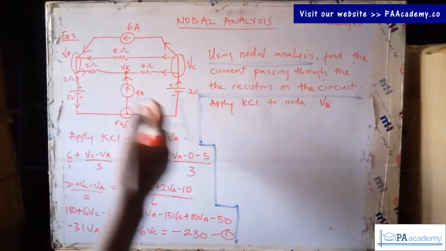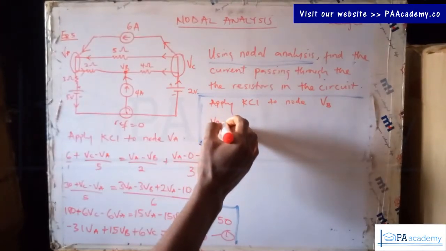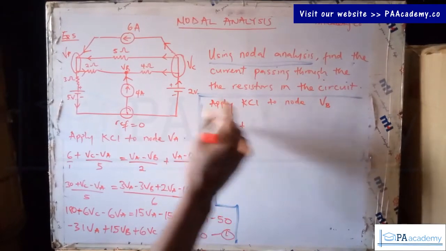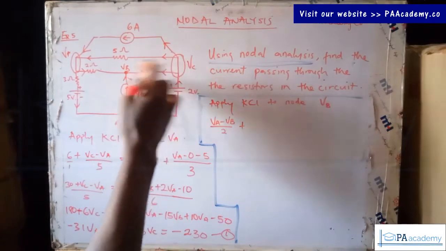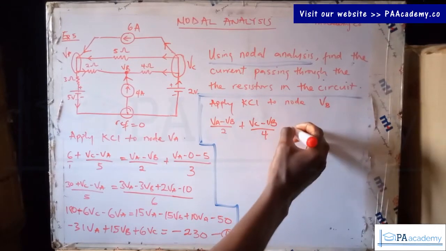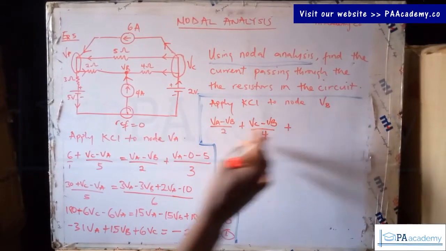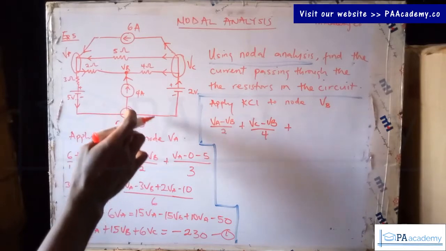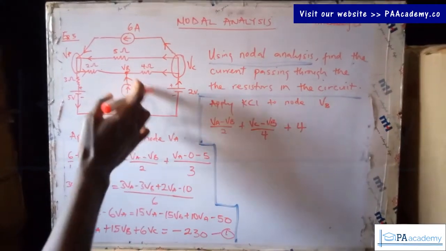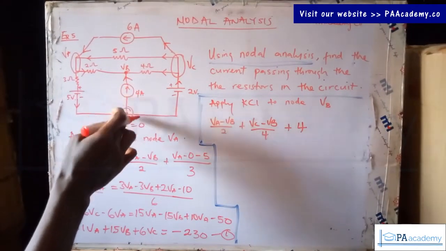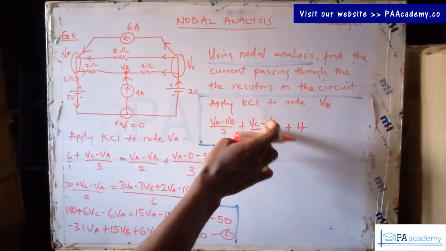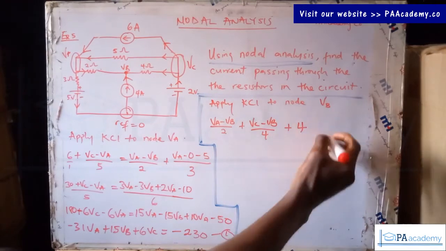From VA into VB, that will be VA minus VB divided by 2, plus VC minus VB divided by 4, and then plus, if you look at this side, you already have a current here, so that will just be plus 4, because we are already given a value for current, which is 4 amperes. So the current on this branch is 4, while that of this branch is what we have here as VA over R. Alright, then equals to 0.